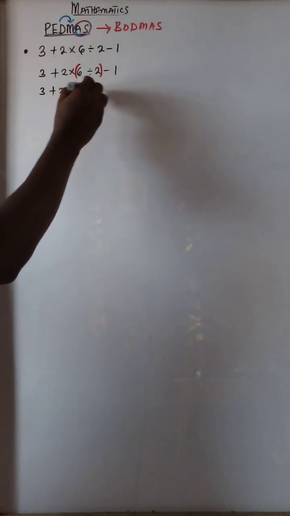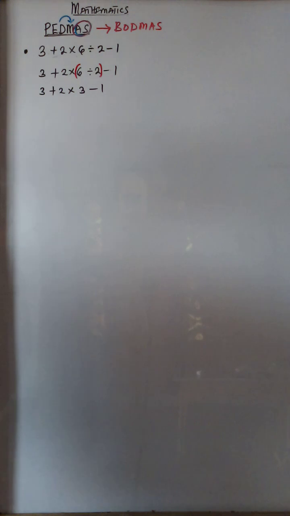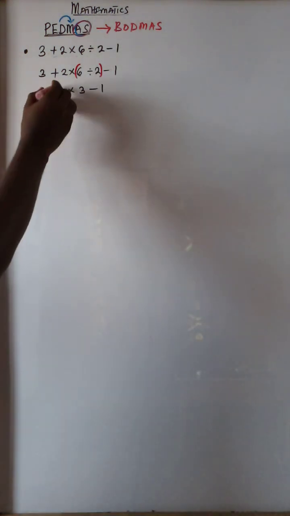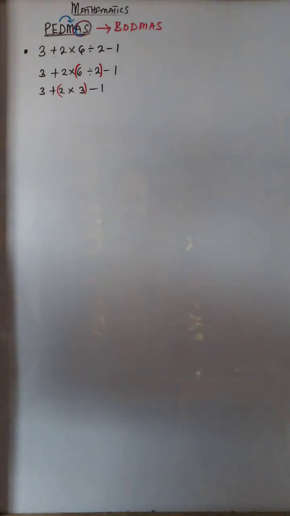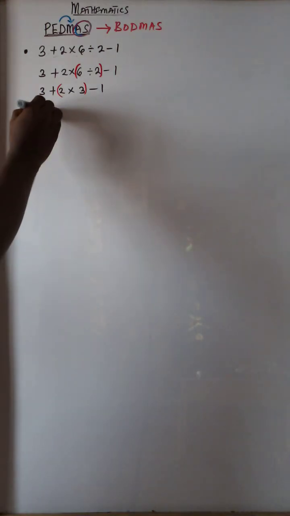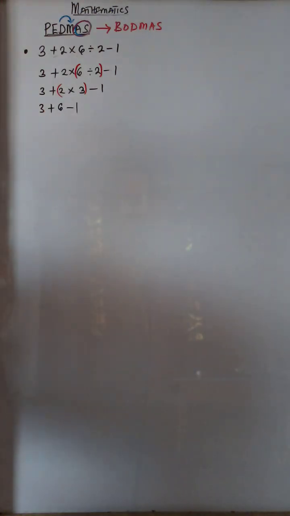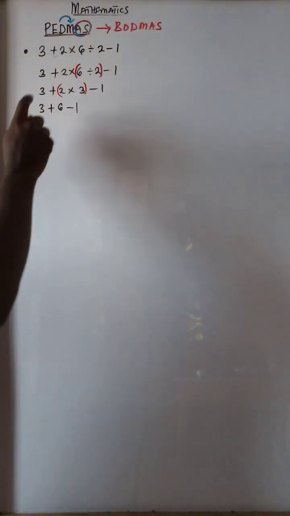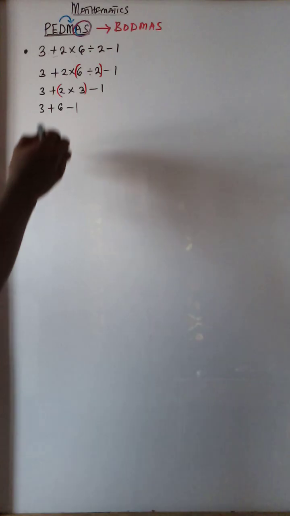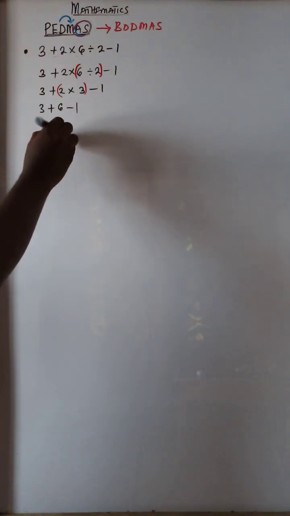If there is no more division, then focus on multiplication. Where do you have it here? 2 times 3 is 6. So we have 3 plus 6 minus 1. What next? Addition, subtraction. Just go this way. 3 plus 6, 9. 9 minus 1, 8. So the final answer is 8.